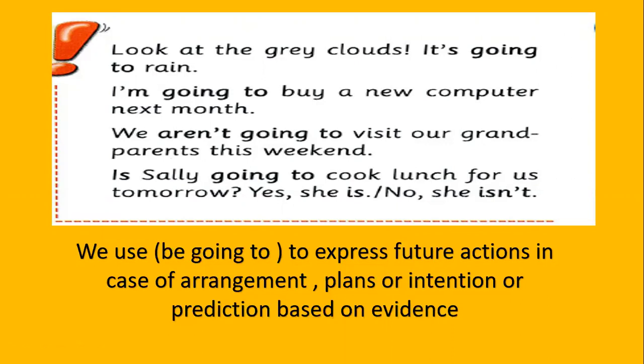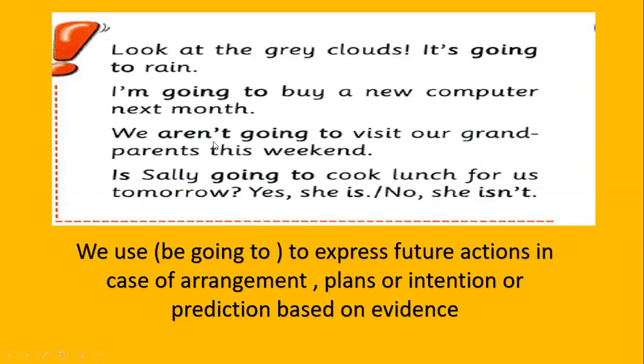So he will prepare the money and he is going to buy the new computer next month. So there is an evidence here that he is going to buy a new computer, which is next month. So this is planning in the future. So we must use going to. I cannot say I will buy a new computer next month. No, there is intention here. There is planning. So you say I am going to buy, not I will buy.